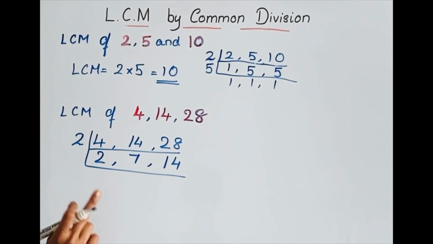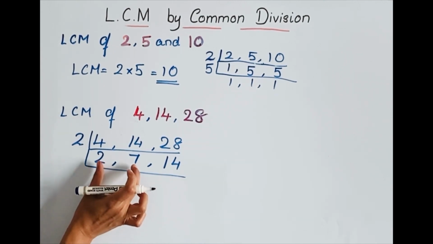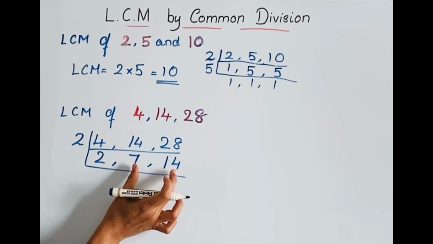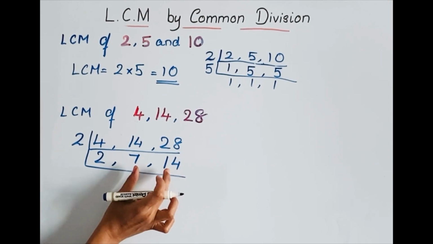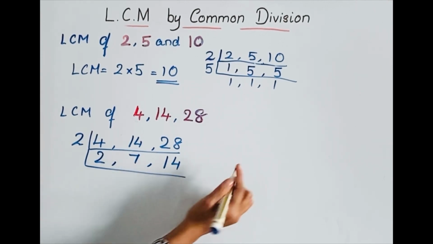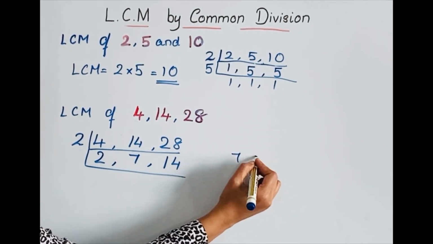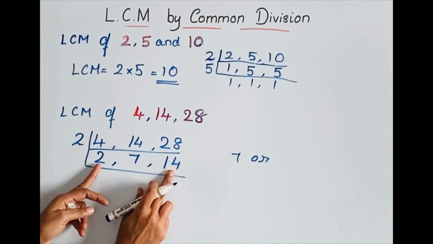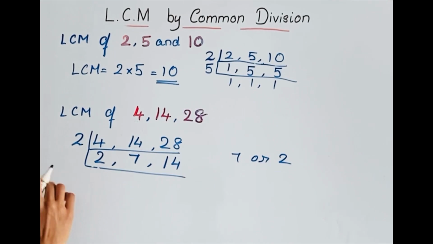No. So in that case, check if there is a common factor for any two numbers. 2 and 7, common factor? No. For these two numbers, is there a common factor? Yes, 7. 7 is the common factor for these two numbers. Or if you check these two numbers, the common factor is 2. You can use 7 or 2 to divide it.